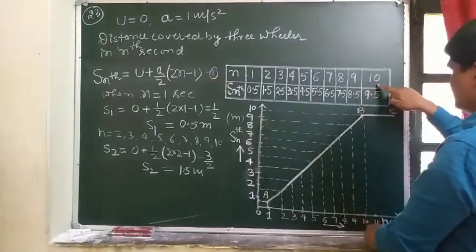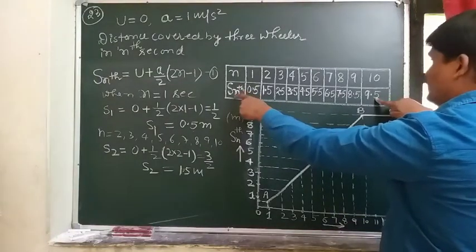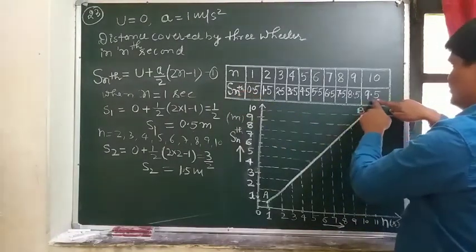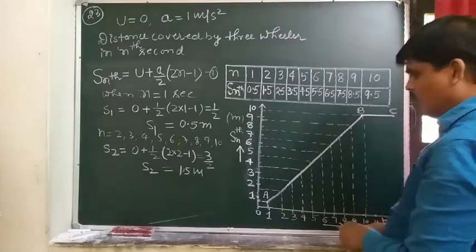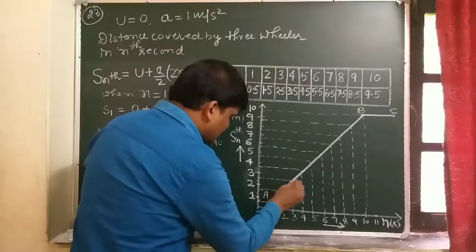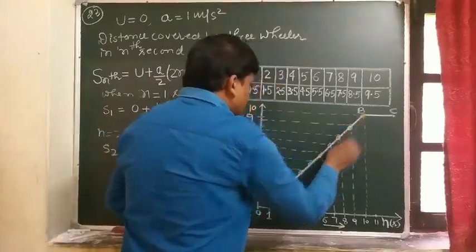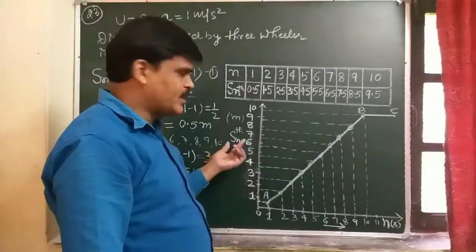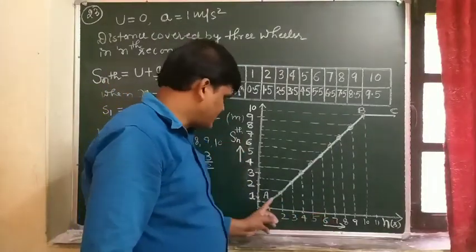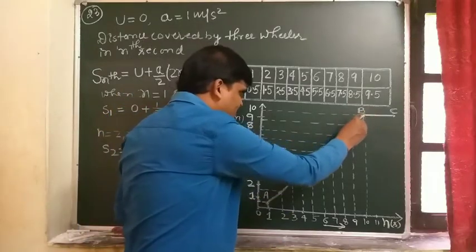And when n is 10, the distance in the 10th second comes out to be 9.5 meter. Students, these are the points we obtain by drawing a graph between the distance and n, and when we join all these points, we get a straight line.